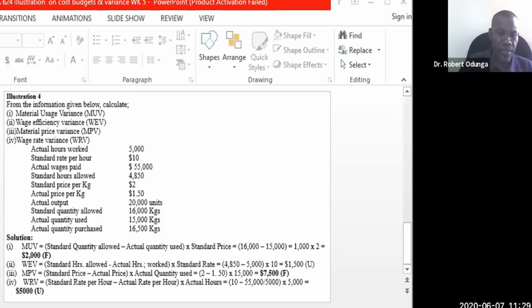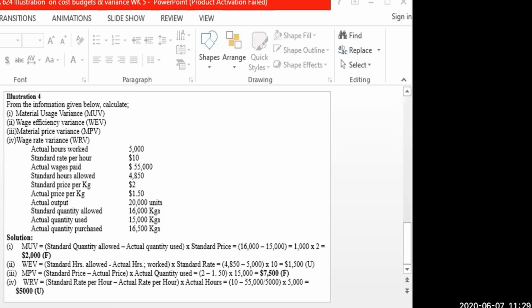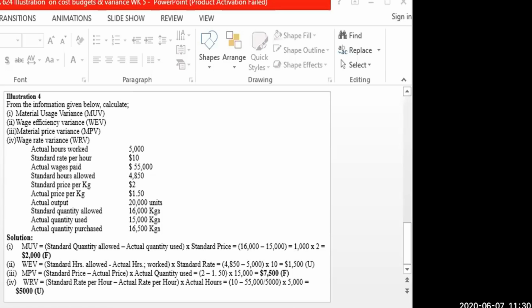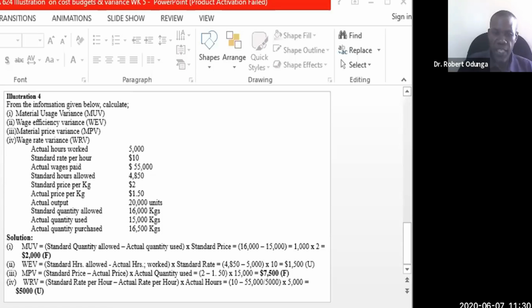And lastly, wages rate variance is given as standard rate per hour minus actual rate per hour, times actual hours. Okay, so with that information, we can now go back to our whiteboard.